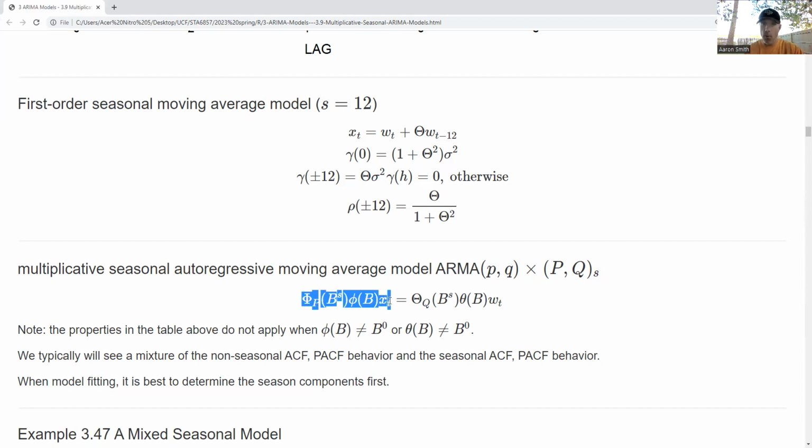So I've got the seasonal autoregressive multiplying the regular autoregressive. I've got the seasonal moving average multiplying the regular moving average. Something to be mindful of is that with these, I could actually change the order because of that polynomial aspect of it. So it's not really as strict as it presents it here.